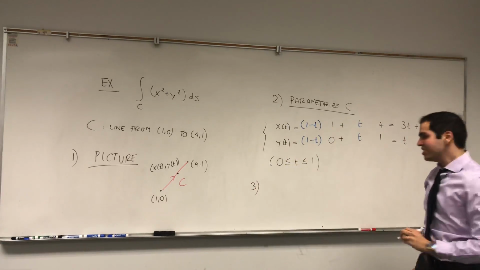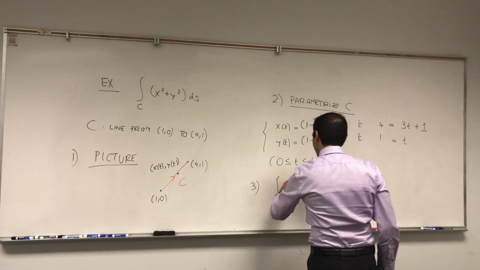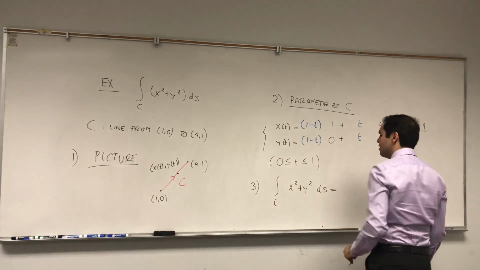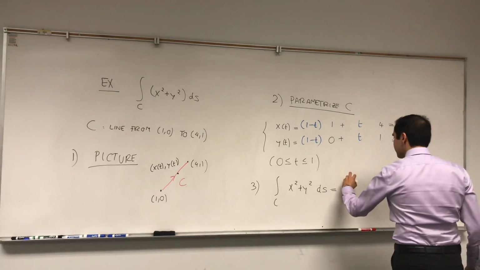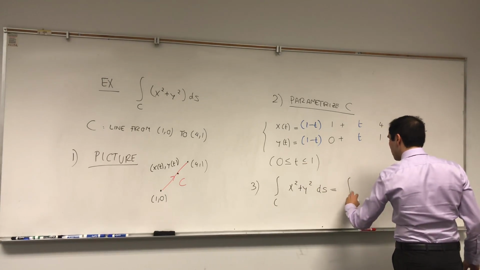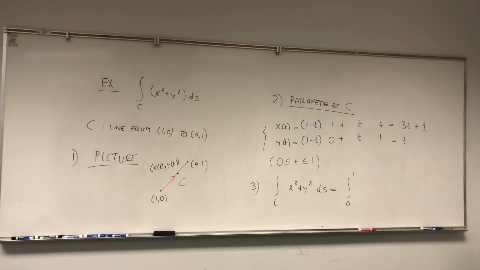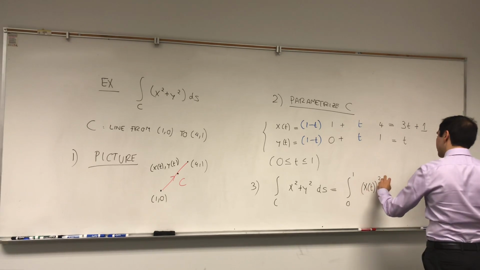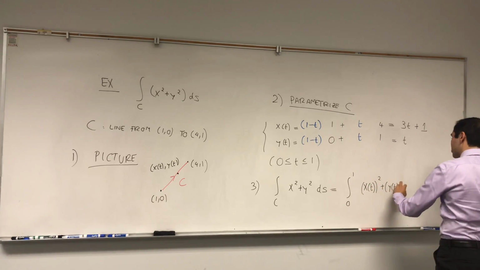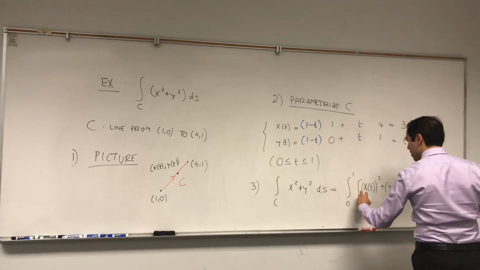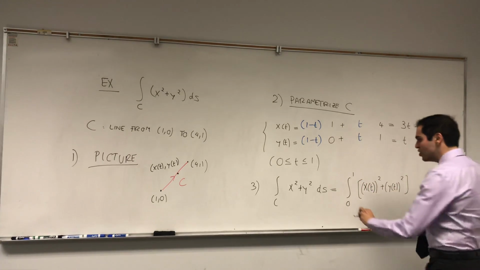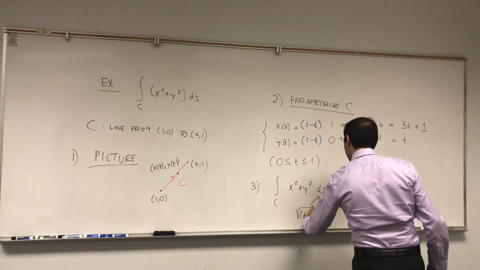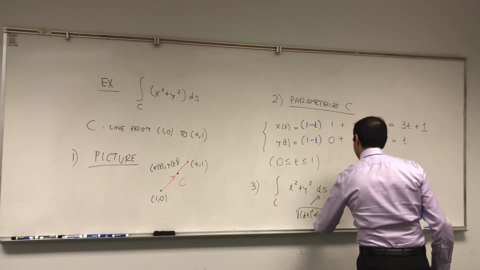Okay, then we just need to evaluate that line integral. Integral over C of x squared plus y squared ds. Then what this becomes is the integral over a new parameter from 0 to 1 of x(t) squared plus y(t) squared. And then ds, you should just think of it as square root of dx squared plus dy squared.